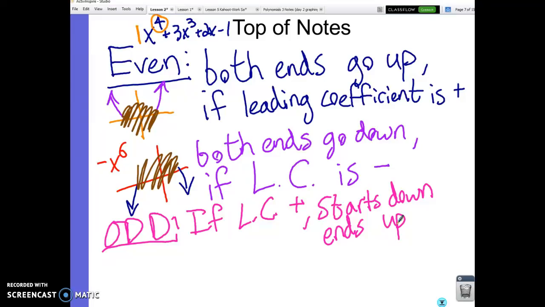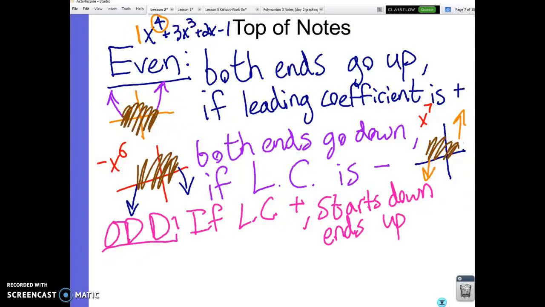So on the right over here, I'm going to draw a little graph. Let's say, for example, we just had x to the 7th. Alright? You know then that it's going to start down and end up. Doesn't matter what happens in between, but it's going to start down and end up.